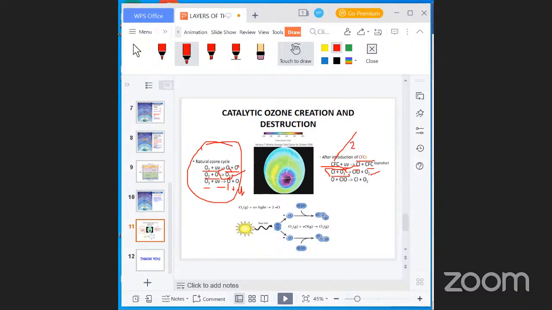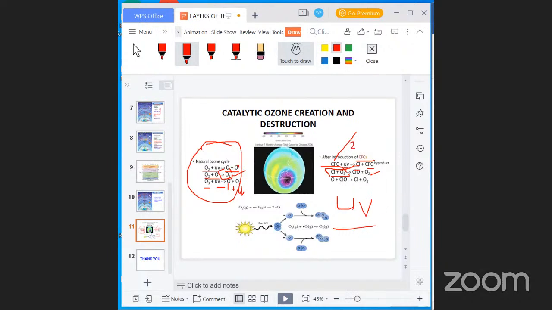So in this particular equation, what happens when the ozone is broken? It means ozone's concentration is being destroyed, right? So formation and depletion are both important factors. If ozone is being destroyed, what will happen? The ultraviolet radiation, which used to be neutralized by ozone, is now coming to the ground.